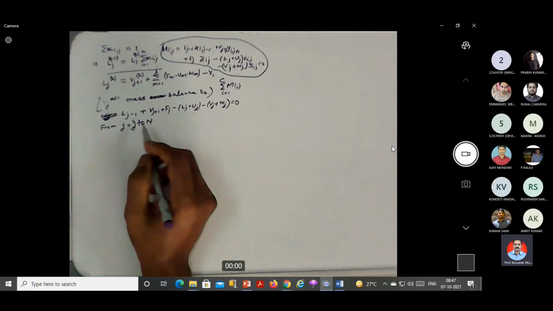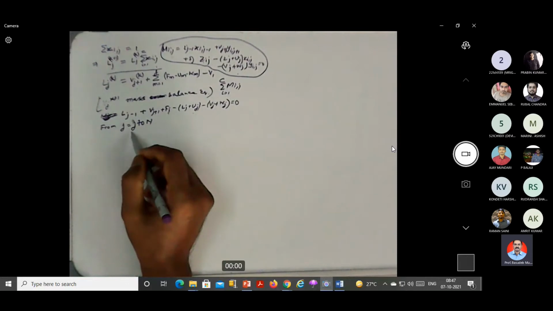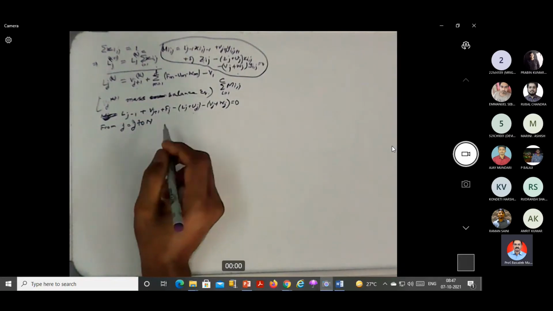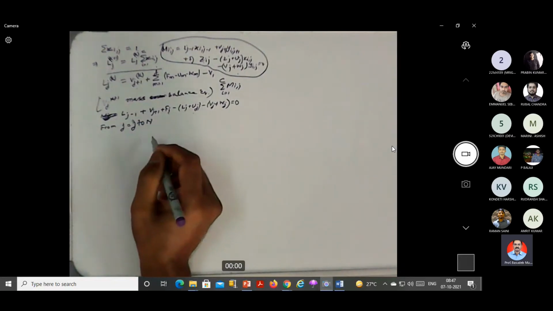Clear? Now here we will do the other way. We will take the sum of this equation from j equal to j to n. Clear? From j equal to j to n.